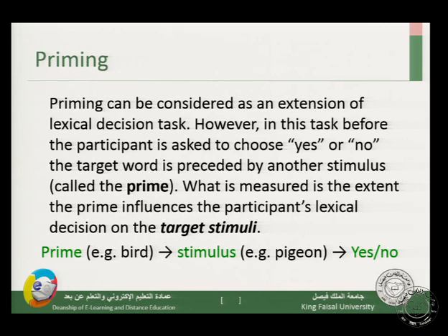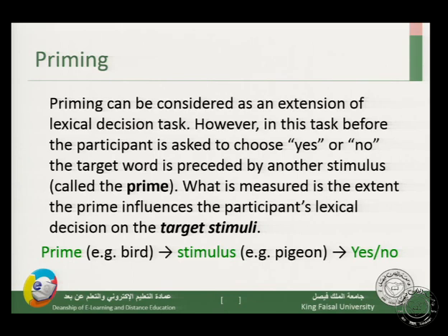The prime is bird. The pigeon is one kind of bird. So he is given a prime, which is, for example, bird. Then the stimulus, which is, for example, pigeon. Then the respondent has to decide whether the word pigeon is an English word or not.